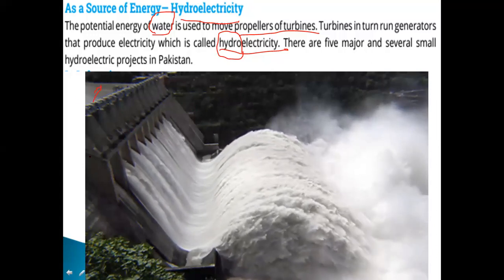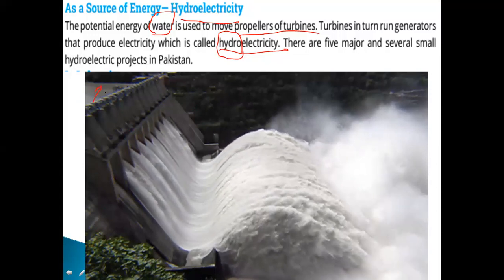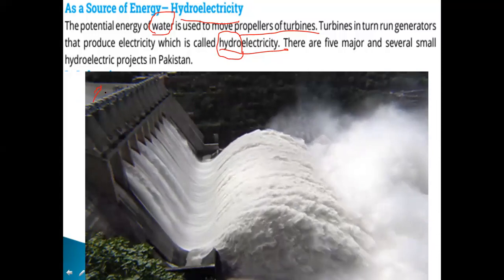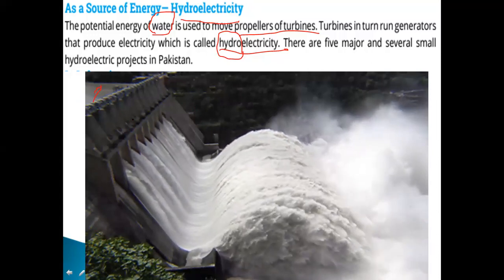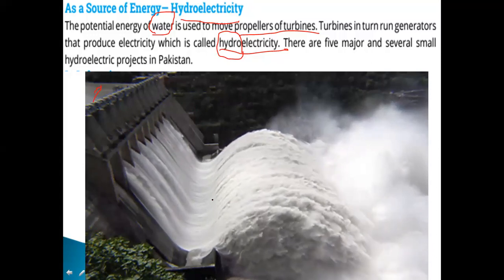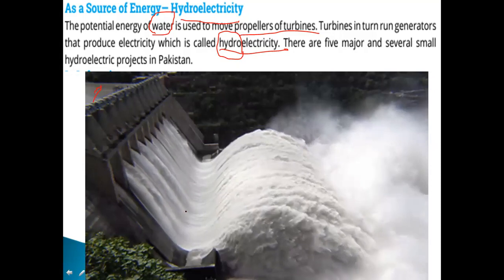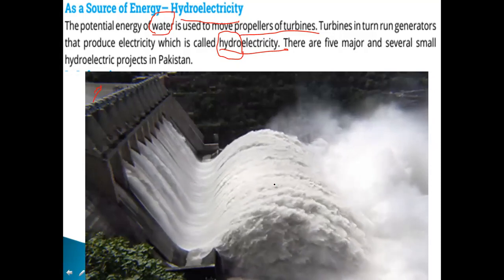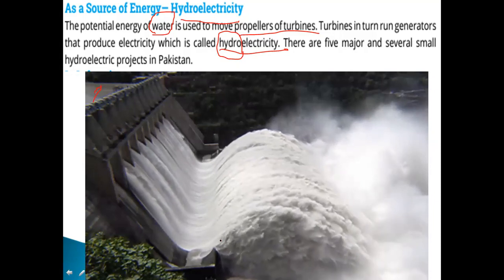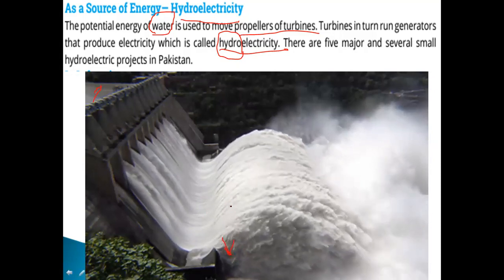We collect the water at height, and due to a change in position, potential energy is increased. So the potential energy is going to change into kinetic energy here. By the movement of the water, because running water has kinetic energy, when it drops, there are turbines. When the water drops on the turbines, the turbines will move, and they are connected with the generators.